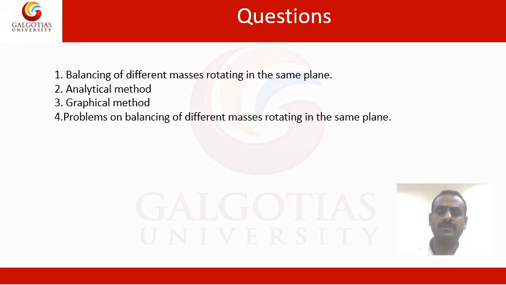Third, how can the magnitude and position of the balancing mass be determined using the graphical method? And we know how to solve problems based on balancing of different masses rotating in the same plane.